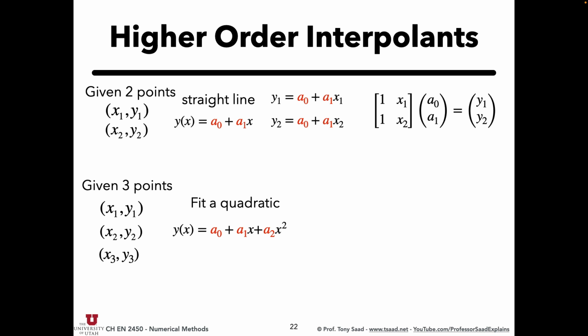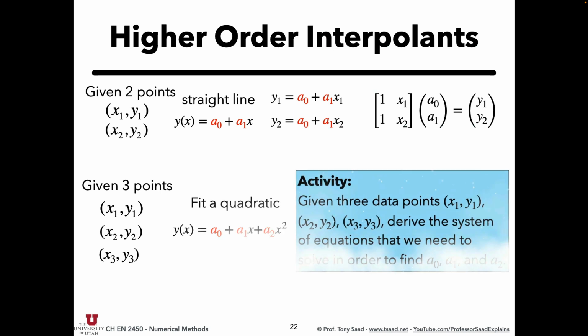The unknowns are the coefficients shown in red. So now, given these 3 data points, I want you to write the equations that if we solve, we can find a0, a1, and a2. So I will need 3 equations, right? Because I have 3 unknowns. By definition, this quadratic needs to pass through each and every point: x1, y1, x2, y2, x3, y3.